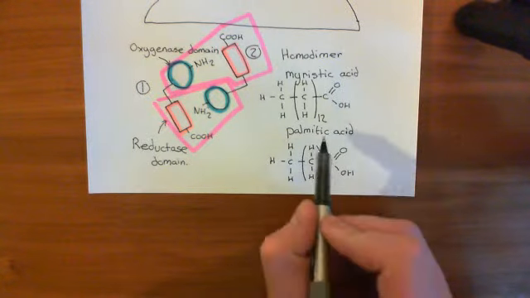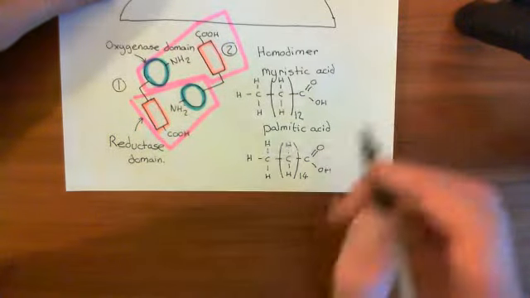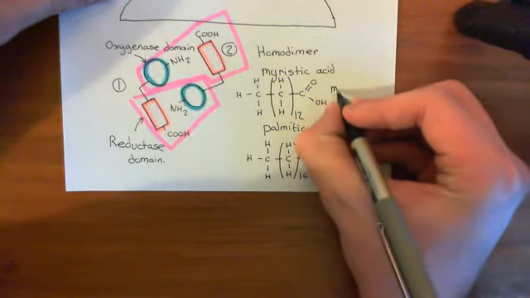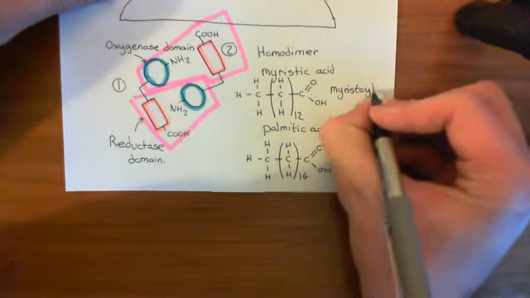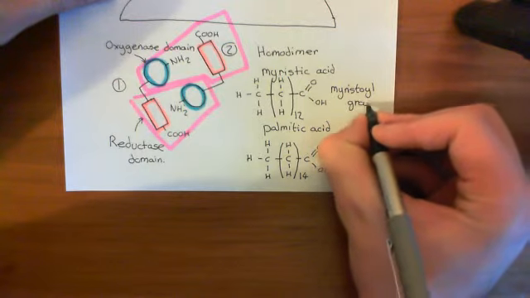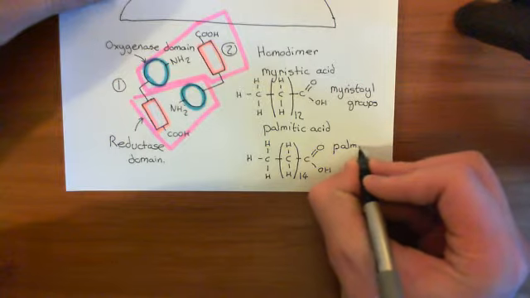So, when we add myristic acid and palmitic acid groups onto the protein, they are then said to be myristoyl groups. So, this is some fancy terminology. Myristoyl groups and palmitoyl groups. Okay, palmitoyl groups.